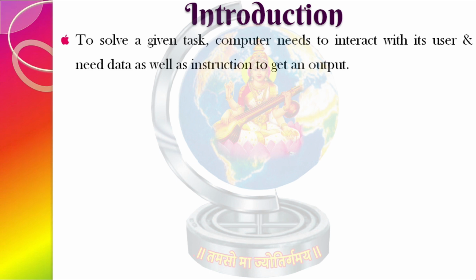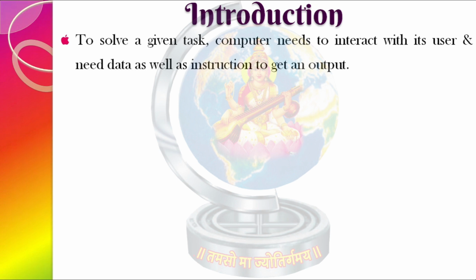So here it is mentioned that to solve a given task, the computer needs to interact with its user and needs data as well as instructions to get an output, because we know that a computer or any machine cannot work automatically on its own.